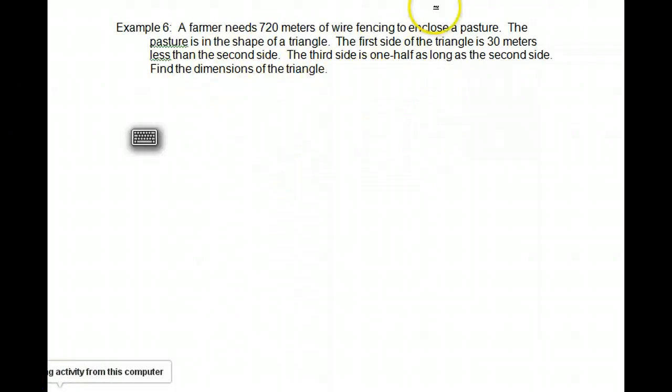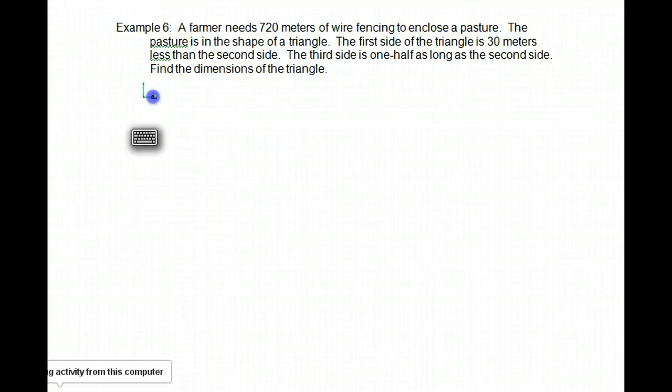The problem tells us that a farmer is going to enclose a pasture with fencing. So the first side of the triangular pasture is 30 meters less than the second side, and the third side is 1/2 as long as the second side.